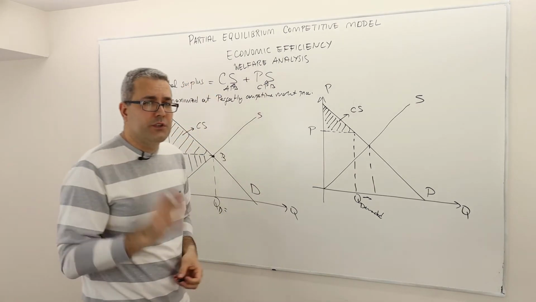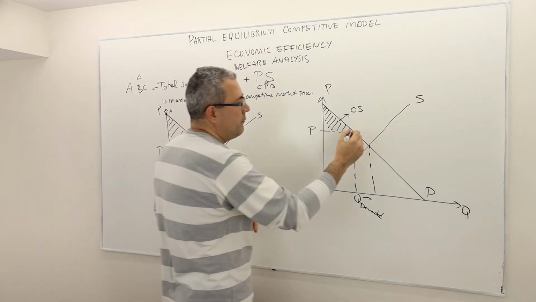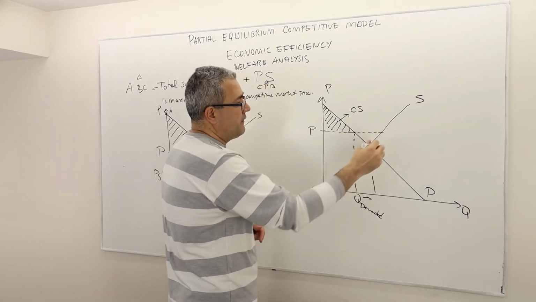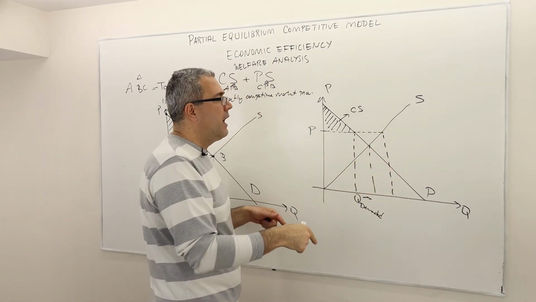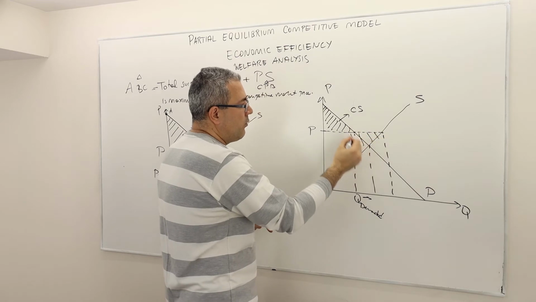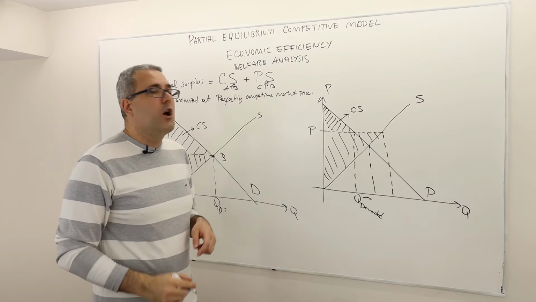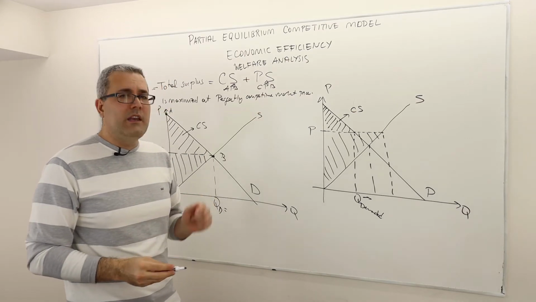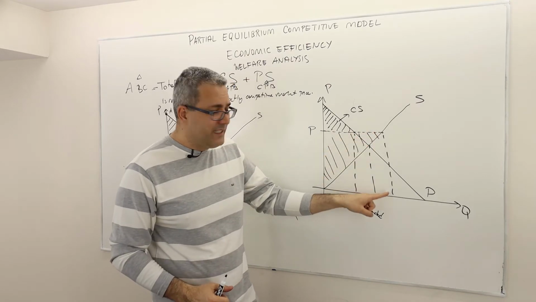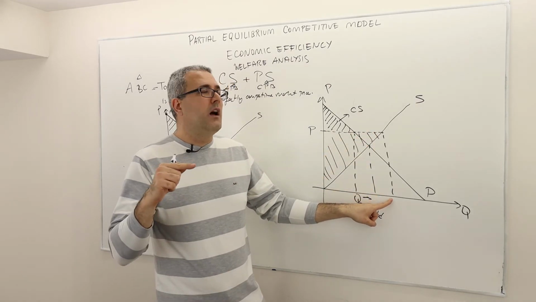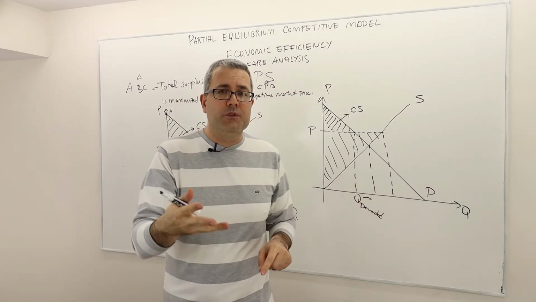Well, what about the producer surplus? Some students, unfortunately, assume that this is going to be the quantity supplied, and so they say, you know what, this is the producer surplus. No, this is not true. Why not? The problem here is, at this price, exactly true, this is the quantity that the sellers would like to produce.